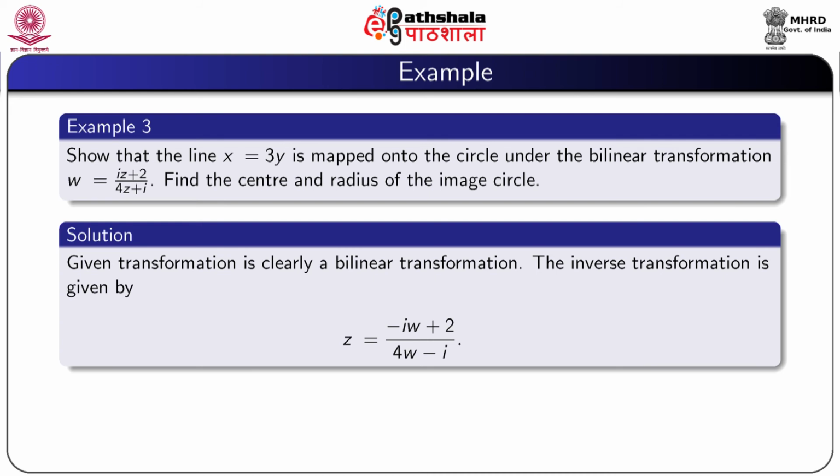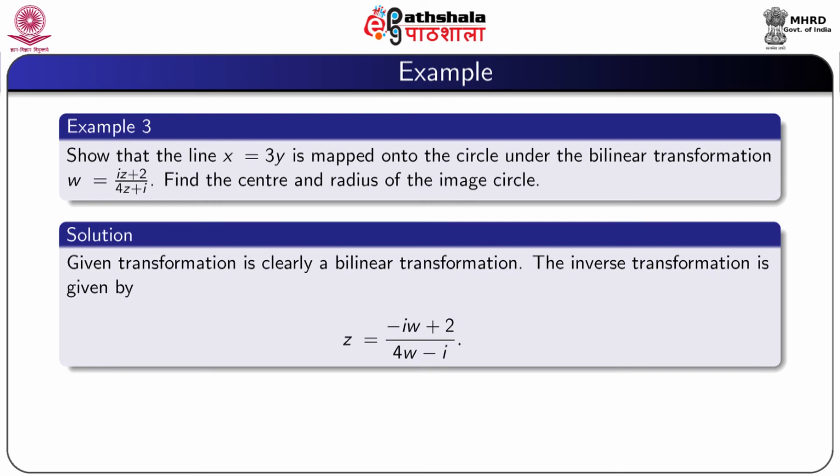Here the given transformation is W=(iz+2)/(4z+i). Therefore, AD−BC=−9, not 0. Therefore, the given transformation is a bilinear transformation.